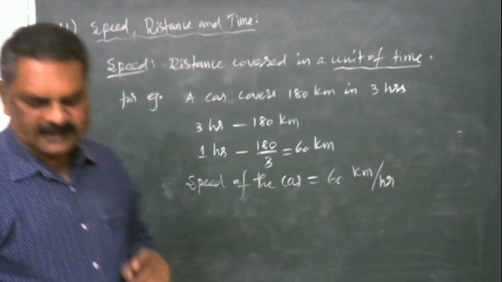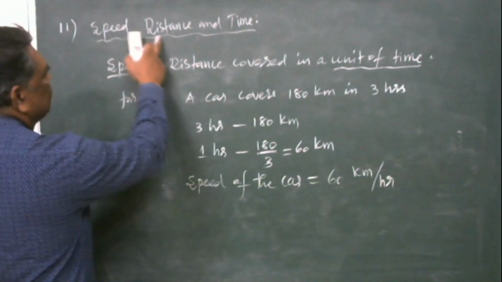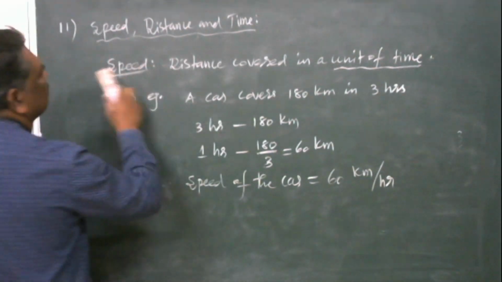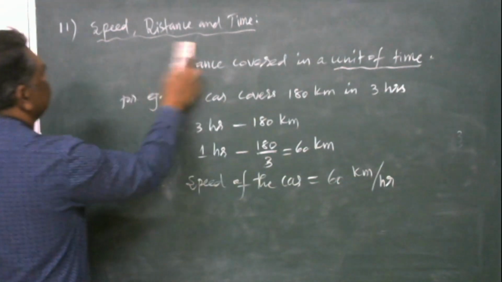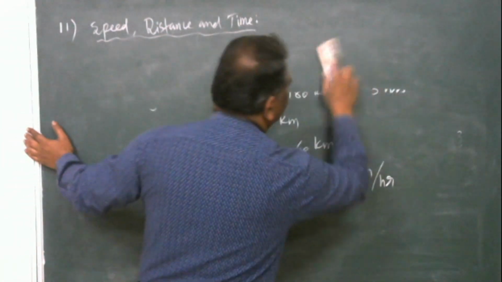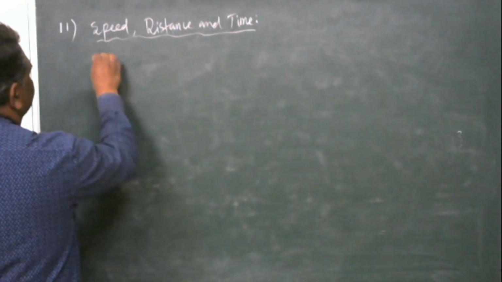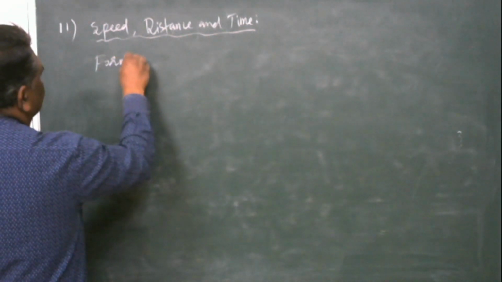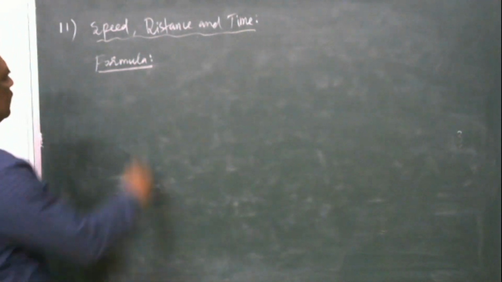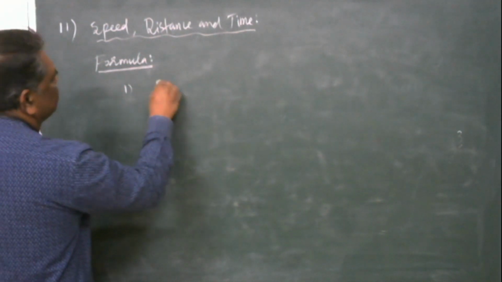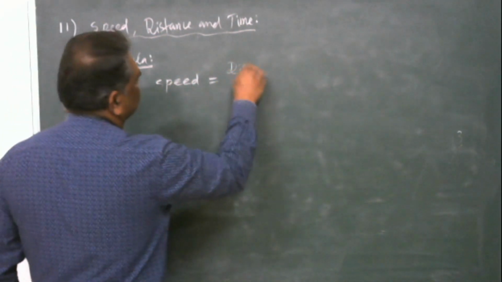The next, speed, distance, time. We need formulas to find the speed, distance as well as time. First formula: speed is equal to distance by time.